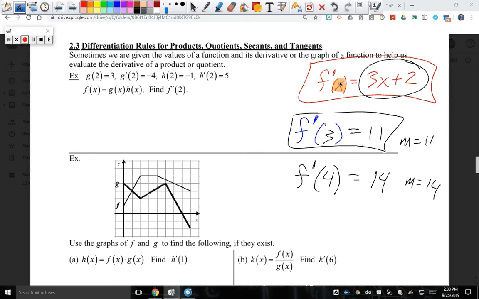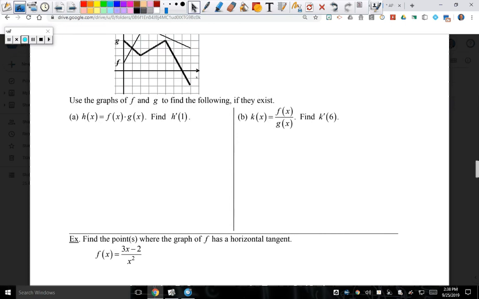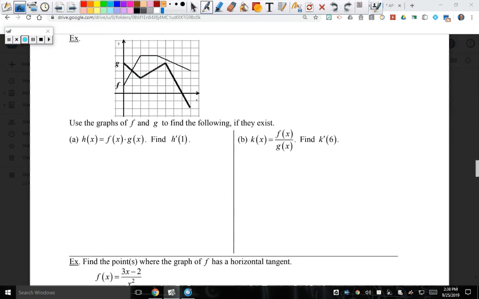Okay? Alright, so now we did this algebraically. Let's do the same, only we're going to do it graphically. Okay? So the first one I'm trying to look for is h prime at 1. So what is the derivative of h at 1? Well, I don't have an h function.